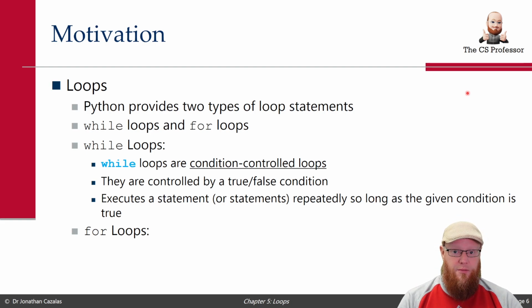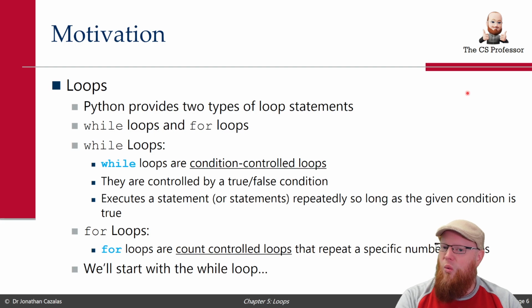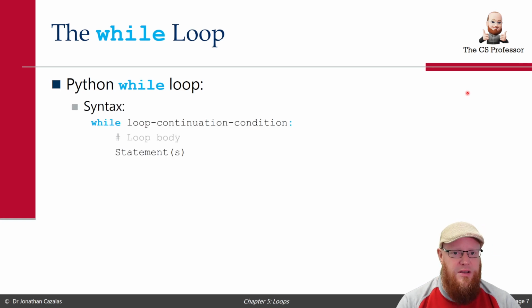Whereas a for loop is strictly a counter-controlled loop that will repeat a certain number of times. We're going to study both of these exhaustively. It's going to be a lot of fun, but we're going to start with while loops. So here's the syntax. While loop continuation condition. And what is this loop continuation condition? That's going to be our Boolean expression.